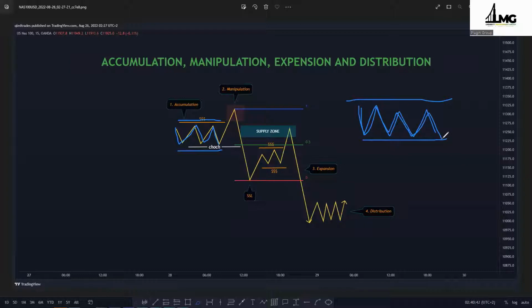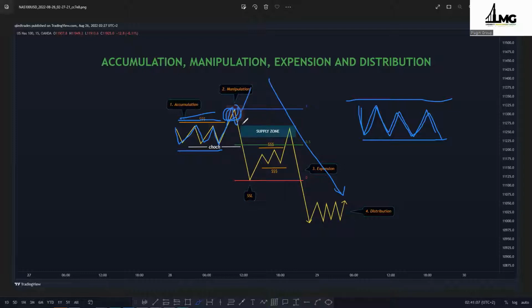So what happens when we're in an accumulation phase? We tend to see price manipulate to the upside, grabbing the liquidity, that's if we're in a downtrend. Once they manipulate, all the buyers think, wow, now we've pushed the market, and they try to induce more buys by waiting for a break and retest.